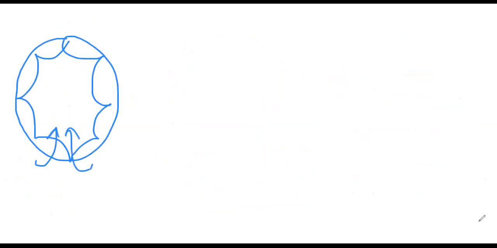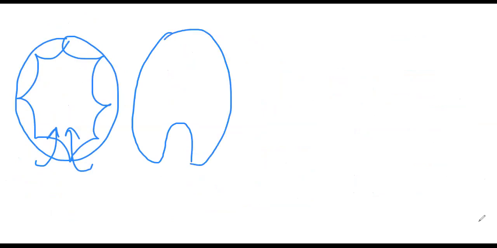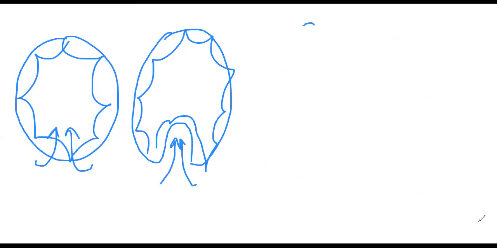Next, after the blastula, the cells of the blastula will invaginate like this. I am showing it stage-wise here. The cells of the blastula are invaginating like this. Just see the arrow marks which I am putting here.